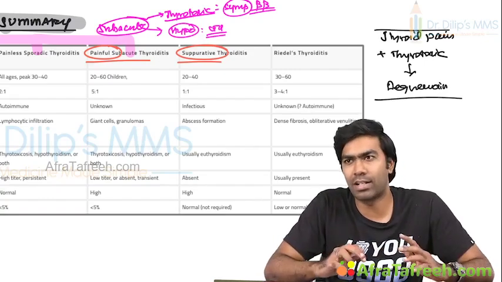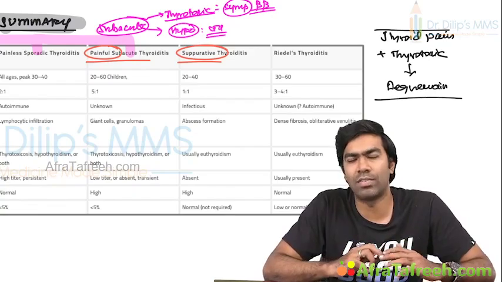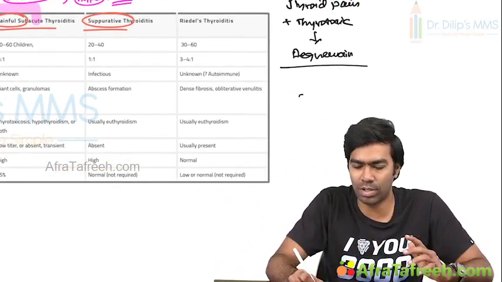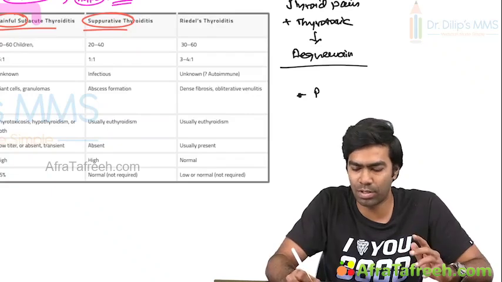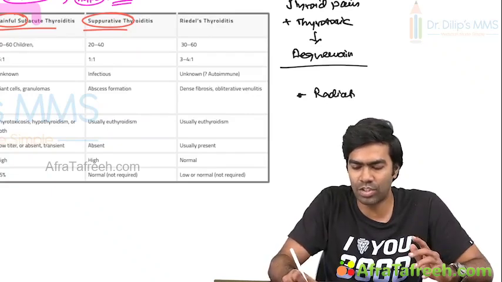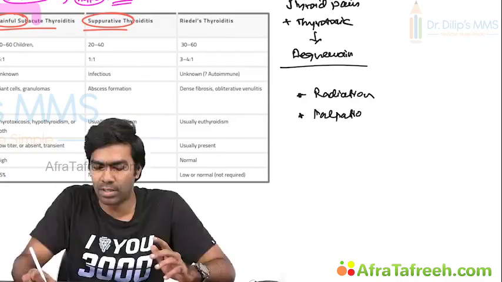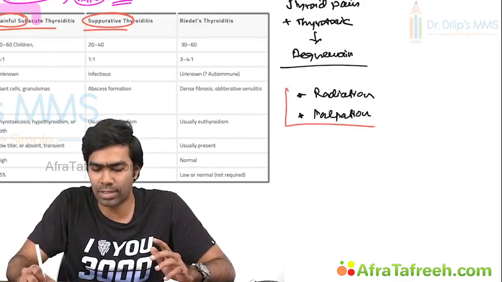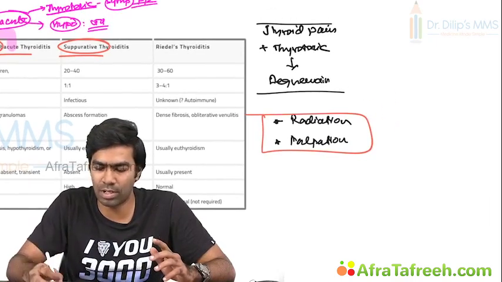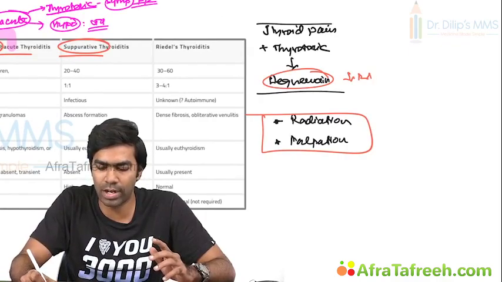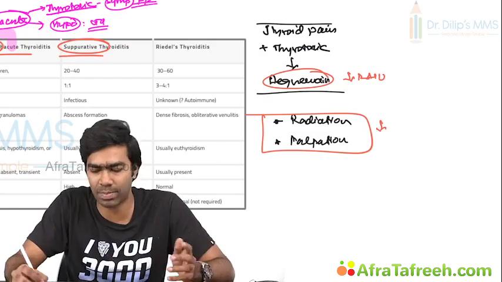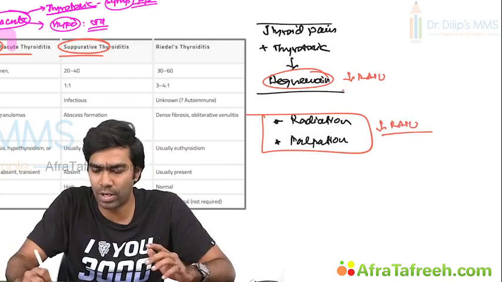Are there any other conditions that will produce painful thyroiditis? Remember radiation thyroiditis, which can be painful. There's another entity called palpation thyroiditis, which also will be painful, but usually in exam they won't be asking you this. Remember, in de Quervain thyroiditis you have a low radioactive iodine uptake, and in radiation as well as palpation thyroiditis you'll also have a low radioactive iodine uptake.